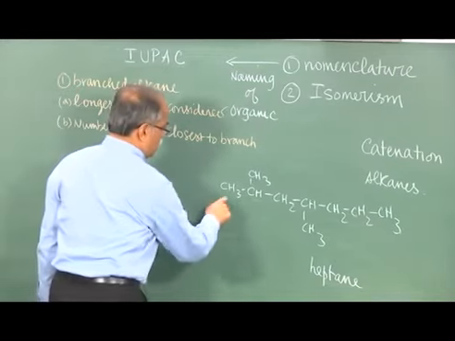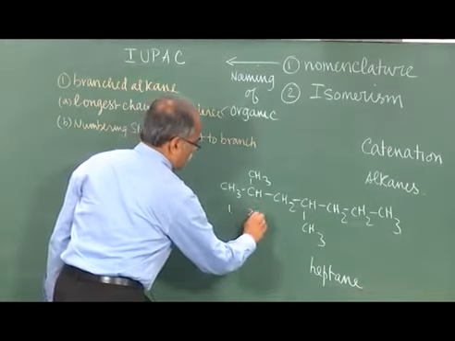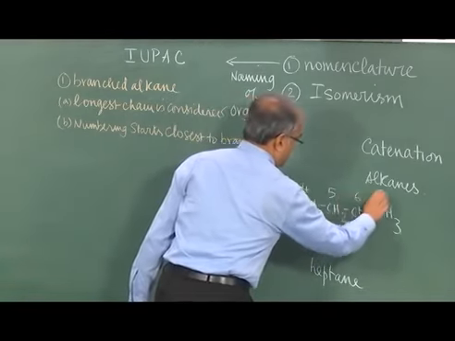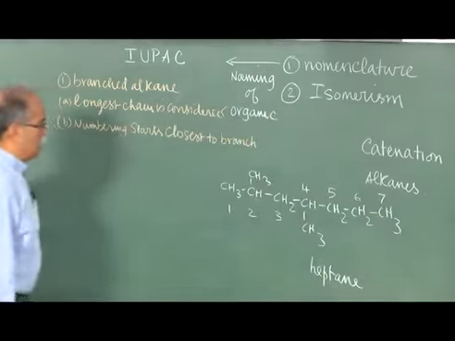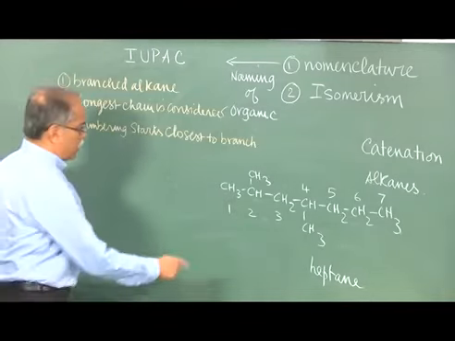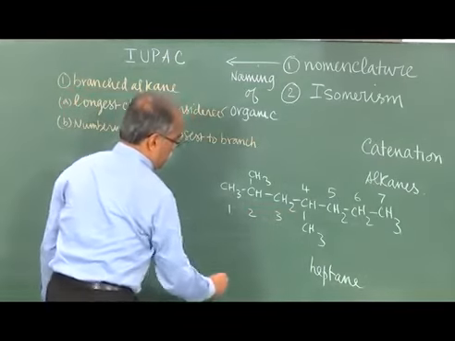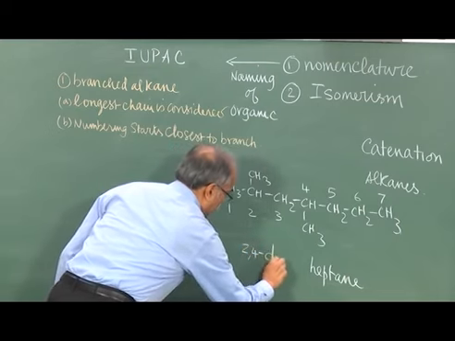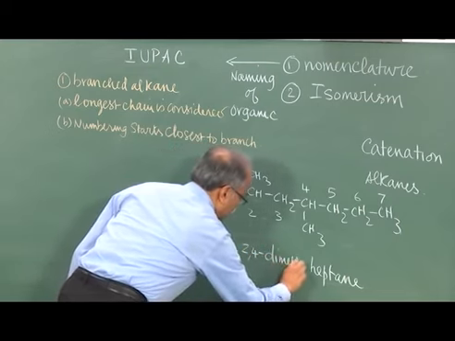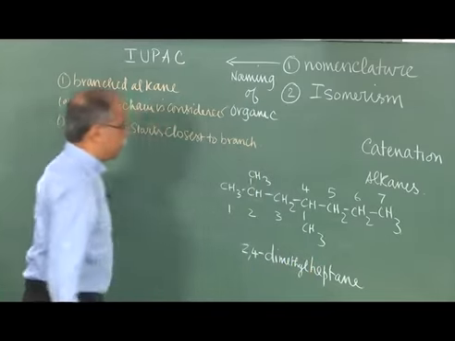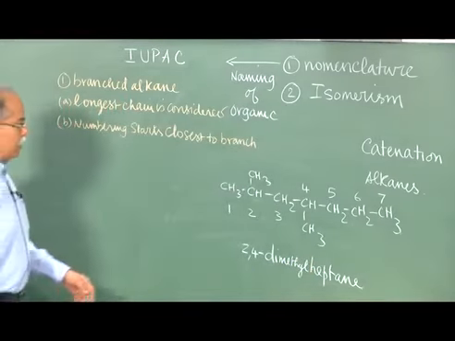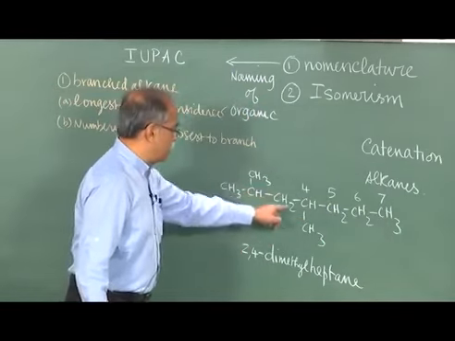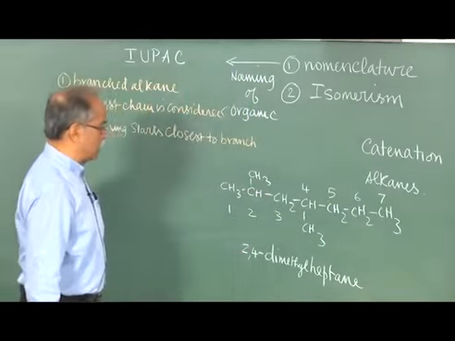This is the position that is closest to the branching. So, this will be the sequence of numbering. Now, there are 2 methyl groups, one in the 2 position and one in the 4 position. So, it is 2,4-dimethyl heptane. You cannot number from here, because that end is farthest from the substituents which are the branching in this particular case.